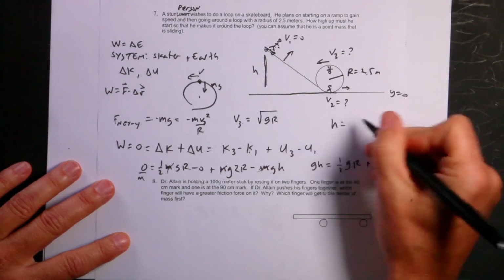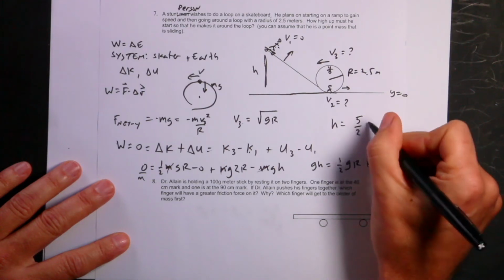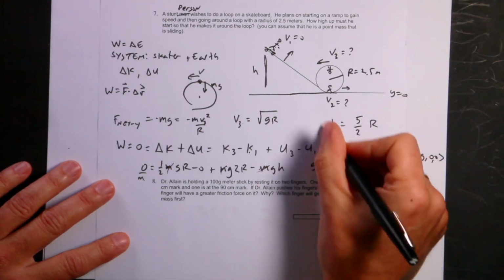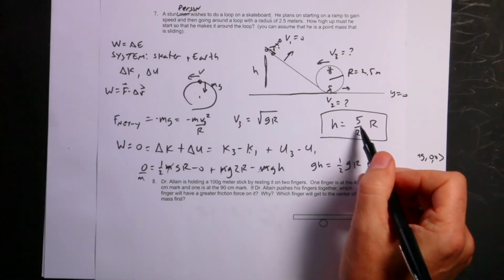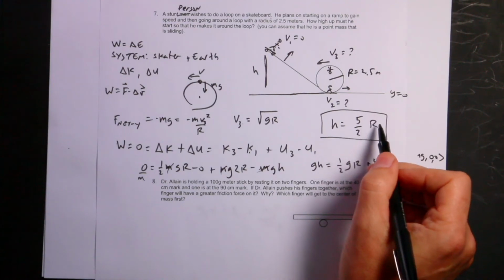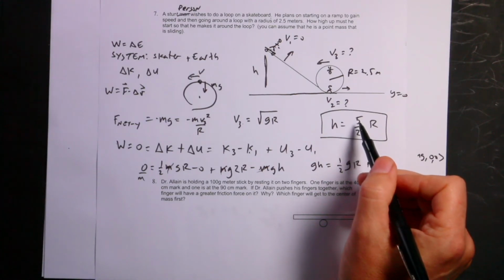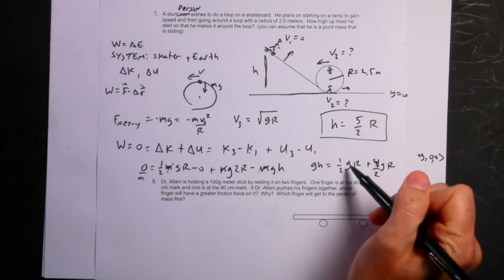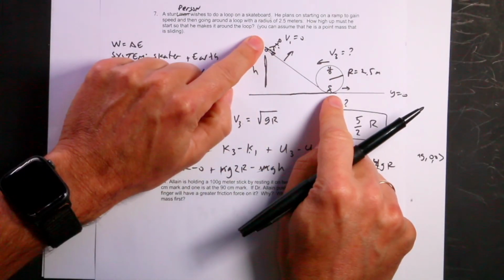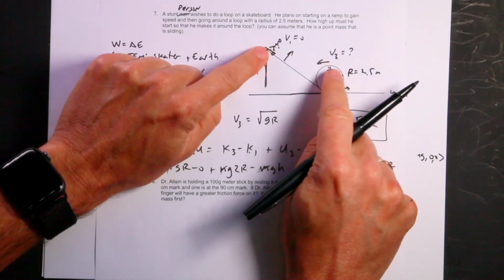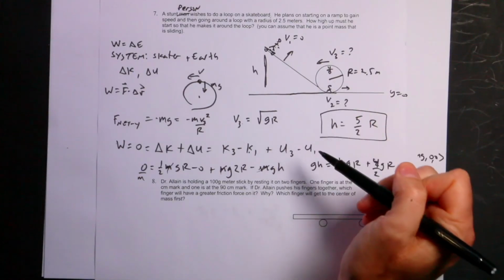I get h equals 5/2 r. That makes sense. I'm going to leave it like that. I'm not going to get a number because I don't want to switch to Python. But this says that it doesn't matter if you do this on Mars, because the g canceled. That makes sense because on Mars, you wouldn't need to go as fast up here, but also you wouldn't accelerate as fast. Because they're both related to the same g, they cancel. It should work on the moon too. And that would be how high you'd be.